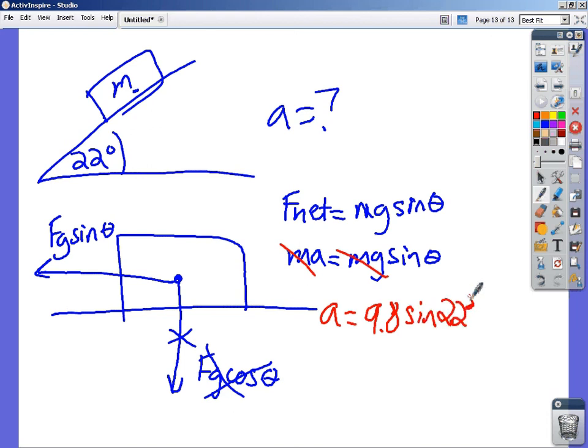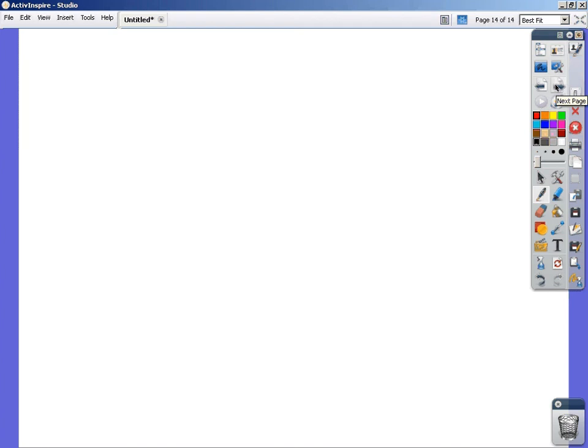The normal force is also equal to Fg cosine theta. This is going to be Fg sine theta, and the force pulling it up the ramp is our frictional force, which we know is normal force times mu.